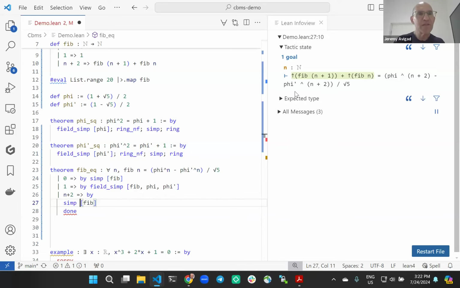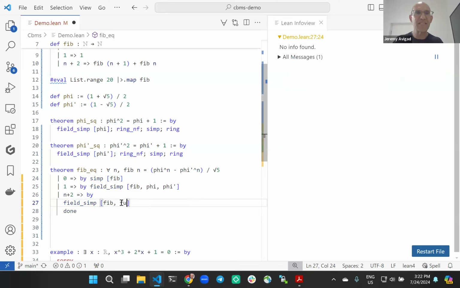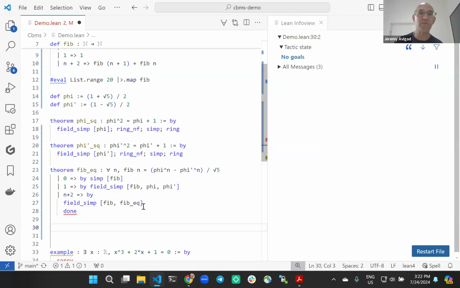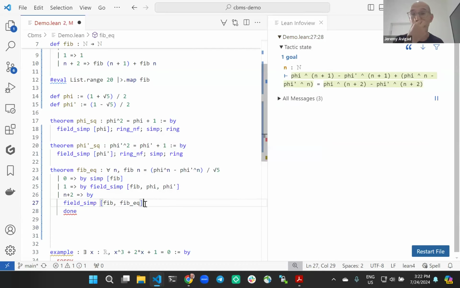In fact, let's do field simp to get it to clear denominators. Okay, so now we have phi and phi prime on the right. We want to use the inductive hypotheses for n plus 1 and n. And it turns out we can tell Lean to do that by just telling it to use the theorem that we're in the middle of proving, the equation that we're in the middle of proving. And Lean is smart enough to know that it's actually applying it to structurally smaller values, so smaller natural numbers. And now we're moving along.